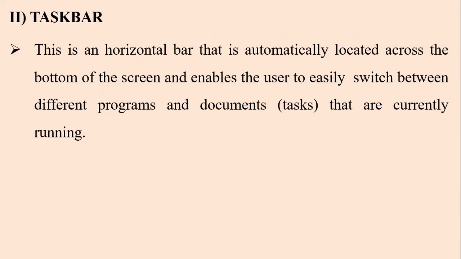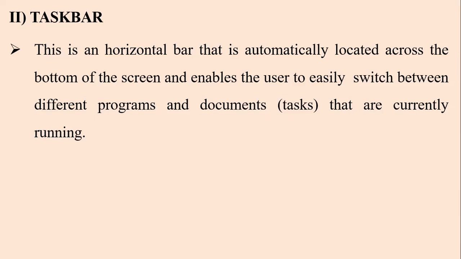The second part is called the taskbar. The taskbar is a horizontal bar that is automatically located across the bottom of the screen and enables the user to easily switch between different programs as well as documents or tasks that are currently running.